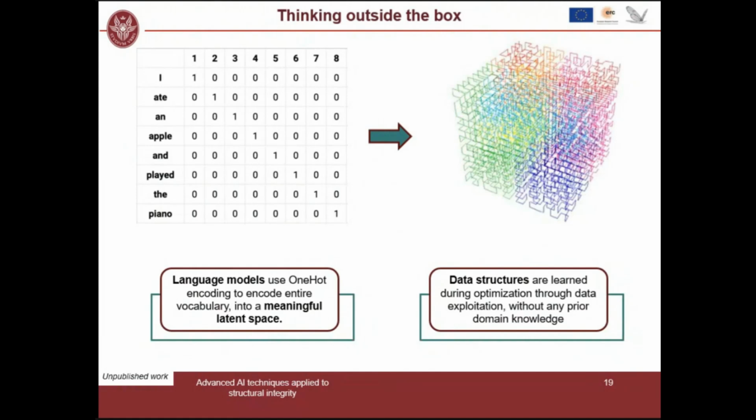There are also other kinds of algorithms, but you use essentially a one-hot encoding. So you assign a token to your word, a token that can be anything. So 1, 2, up to n, where n is the length of your vocabulary.